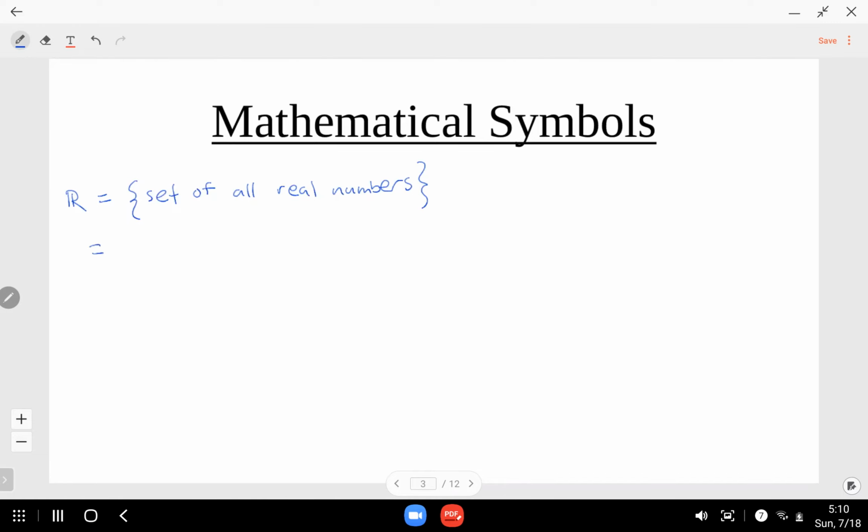All right. So, in real numbers, we have rational numbers and irrational numbers. In these curly brackets, they basically mean a set of objects. So, rational numbers, the mathematical symbol for that is going to be Q. And then we also have irrational numbers, basically like square root of 2, square root of 3, pi.